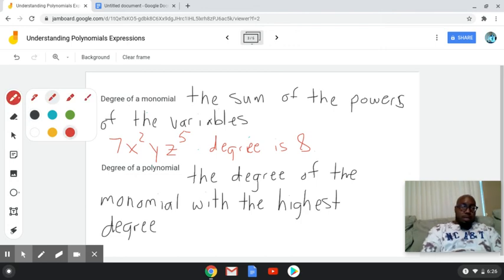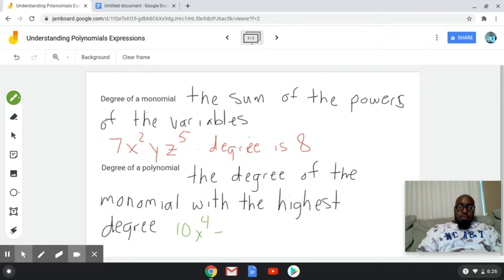Let me give you an example of that one. Let's say we had 10x to the fourth minus 5xy to the sixth plus 7y to the third z to the third.